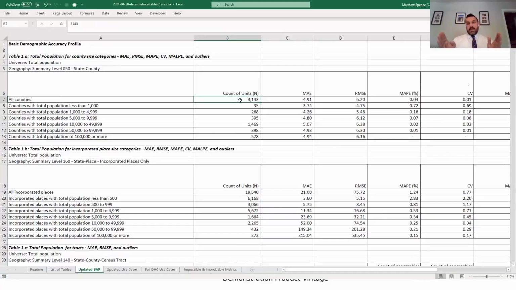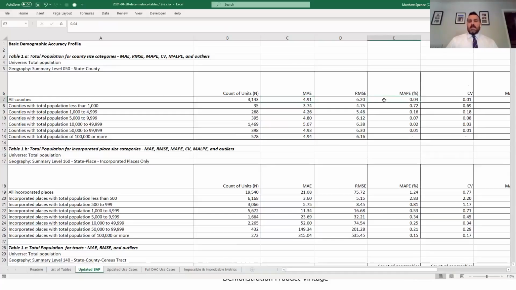You take the absolute value of that, so maybe you're off by 10 or maybe you're off by 20, and then you take the average across all 3,143. And that's the answer, 4.91. And that's the number of persons that you'll see on average in terms of change.